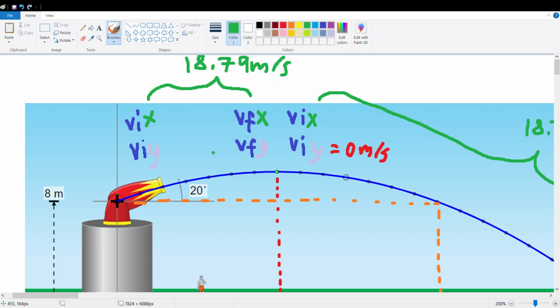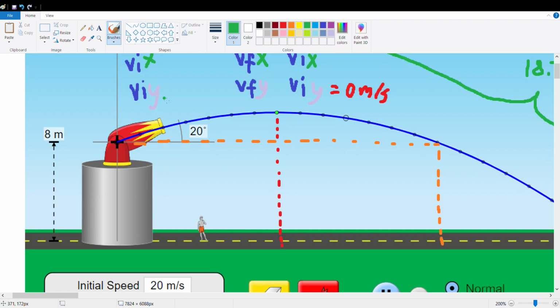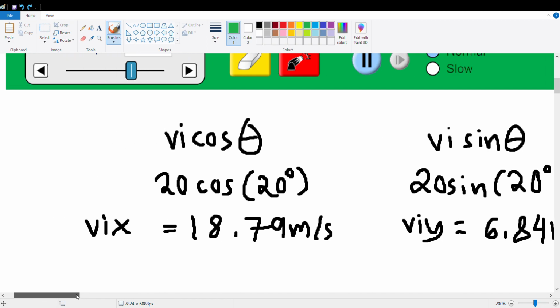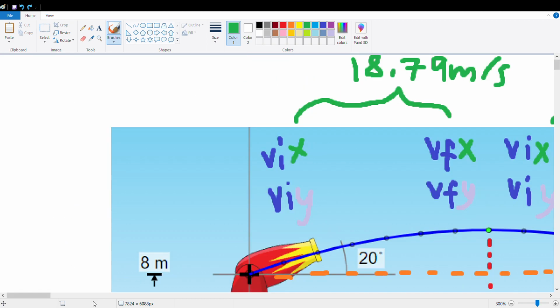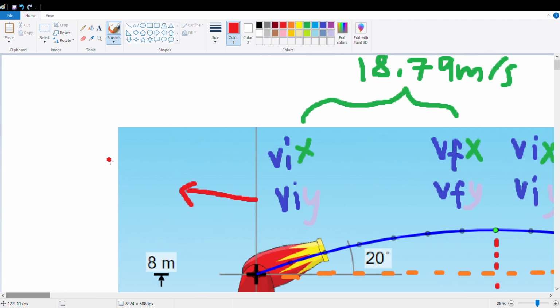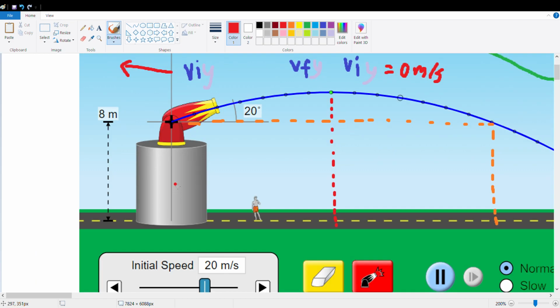Then for the Viy, the one here, that is going to be 6.84. I'll just write it down here on the left side, 6.84 meters per second.